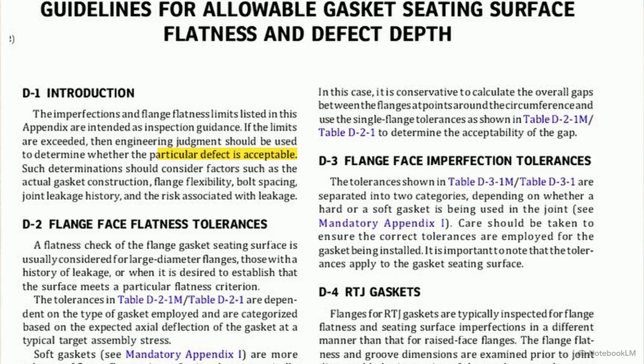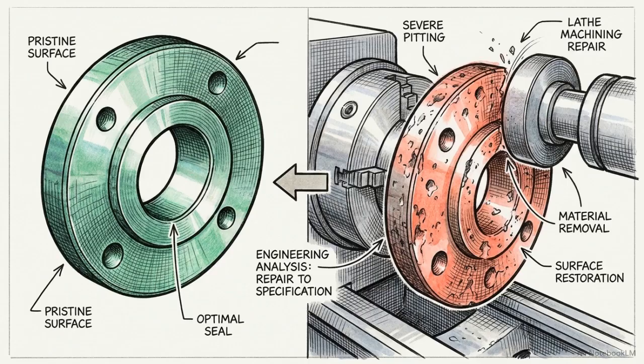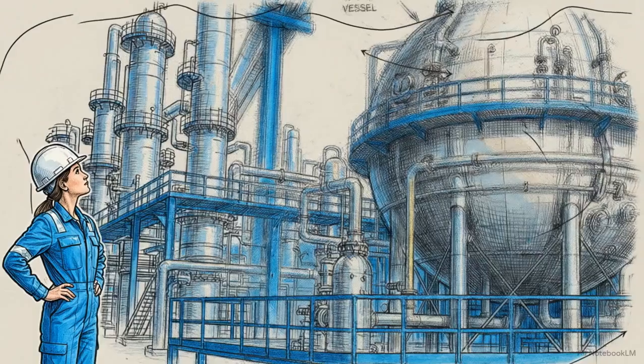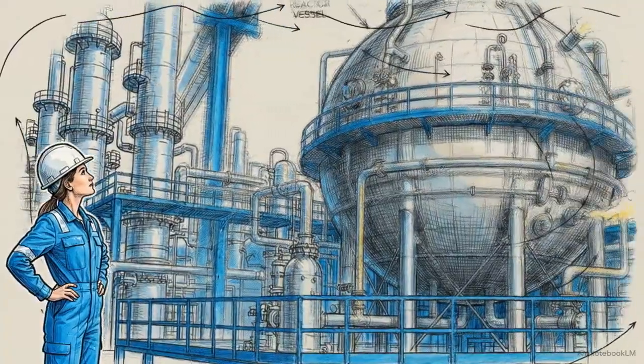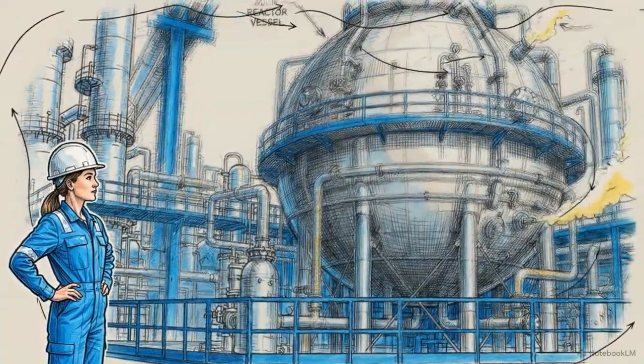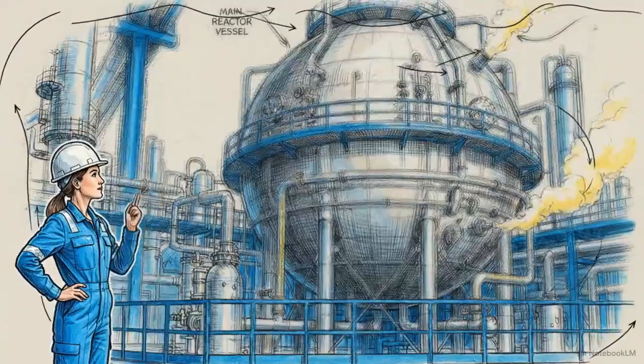It shifts the burden to professional engineering judgment. Engineers must holistically evaluate the specific hardware, factoring in the joint's leakage history, flange flexibility, and the operational risk. Only through this advanced operational analysis can an engineer safely justify continued operation or mandate costly remachining procedures. The standard's matrices calculate the exact mechanics of a leak path, but the engineer's application of that data ultimately secures the pressure boundary.